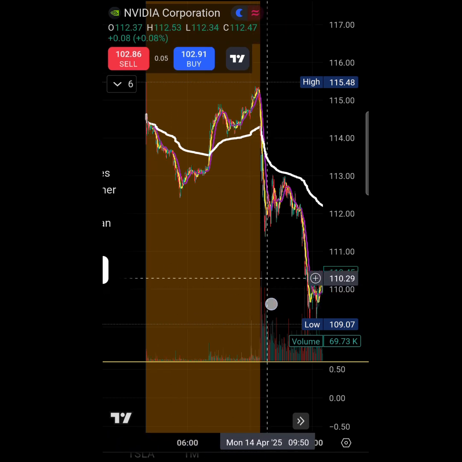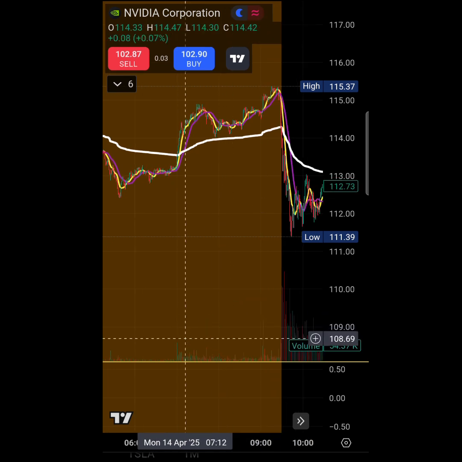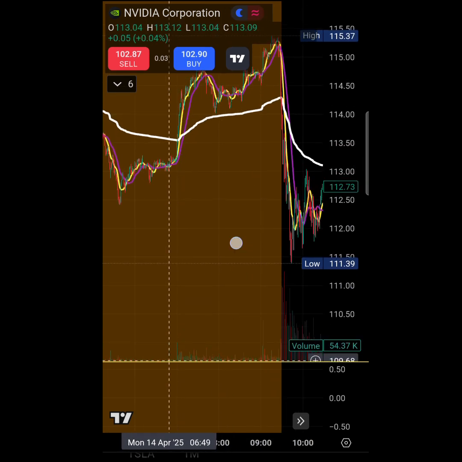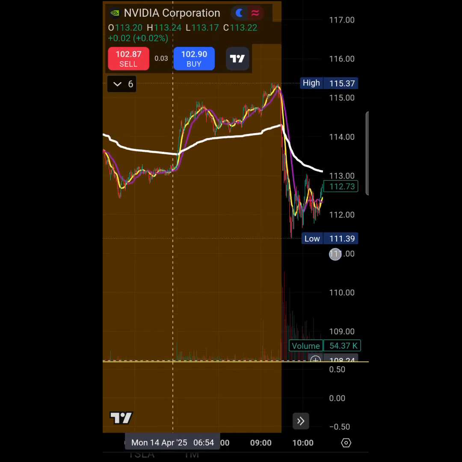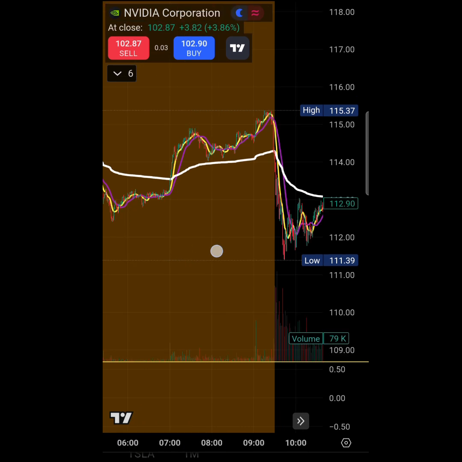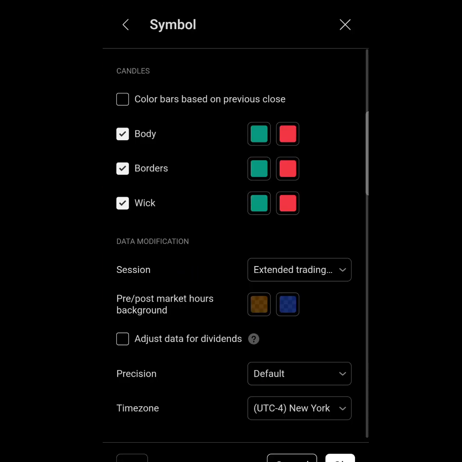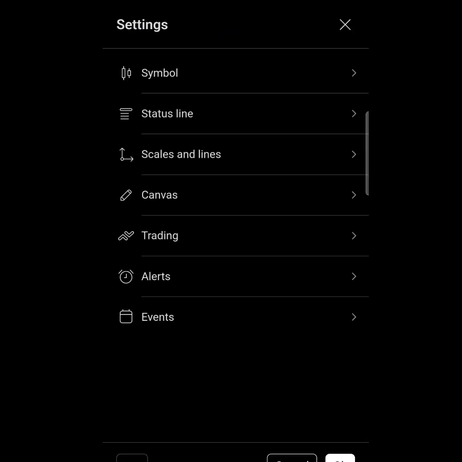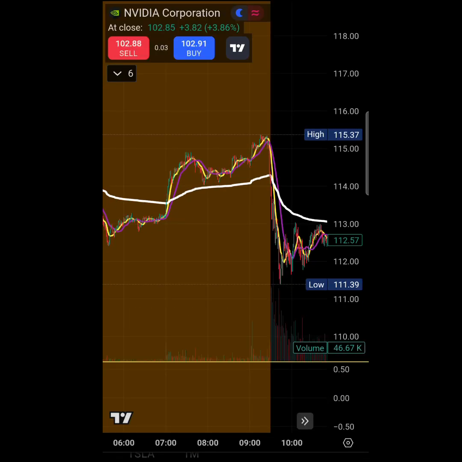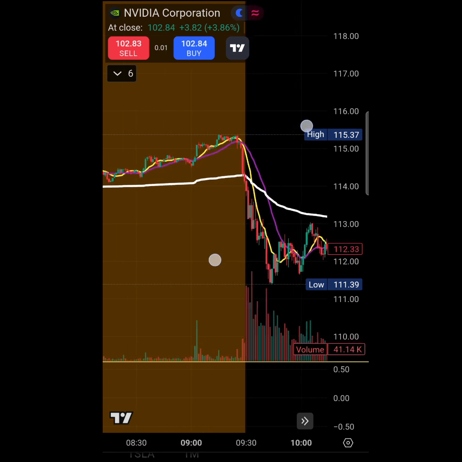So 4 a.m. to 9:30, that's pre-market. And it's good to have this on TradingView because you can see that, let me just move this out of the way a second. So you can see literally the reason why TradingView is good, because you can follow your stock before it hits 9:30.